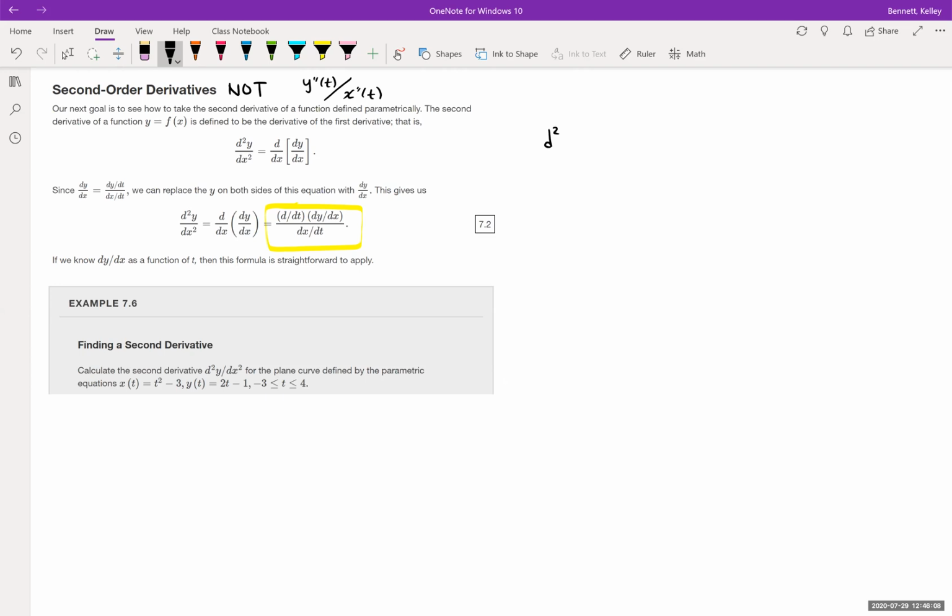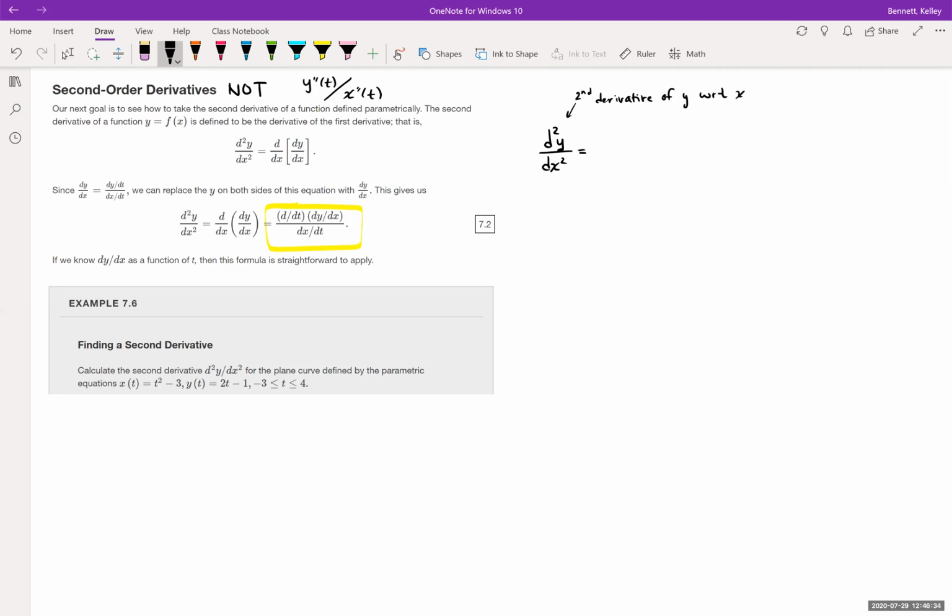So d squared y over dx squared, don't think about squaring as like an exponent on a number. It's just saying take the derivative of y with respect to x 2 times. So, right, this is the second derivative of y with respect to the variable x.